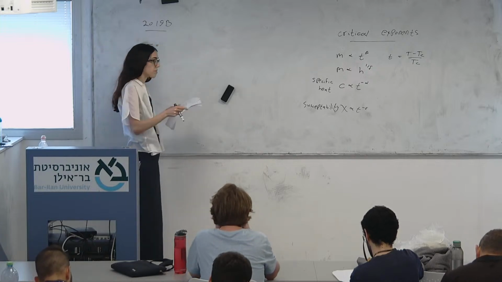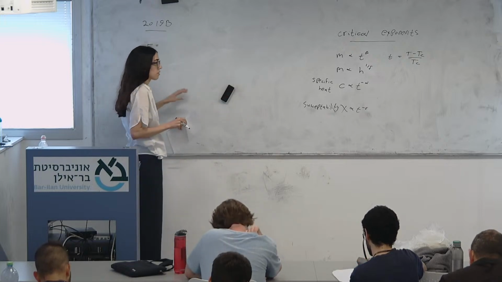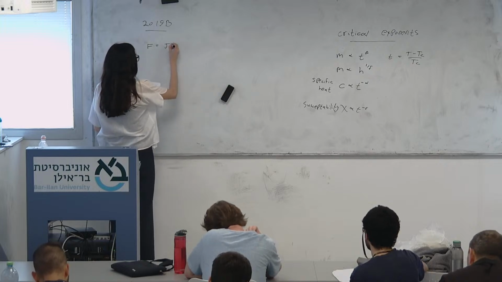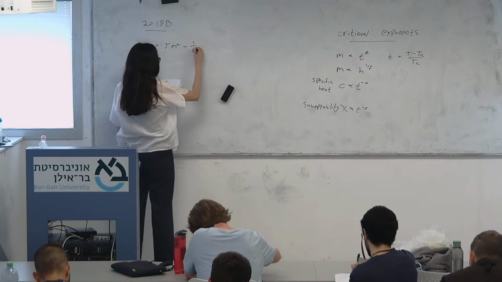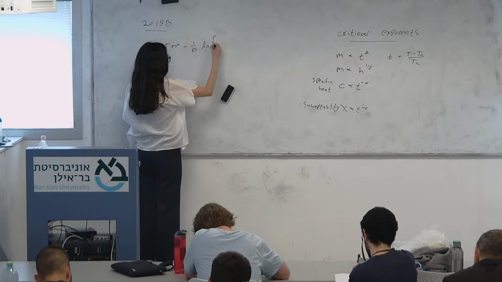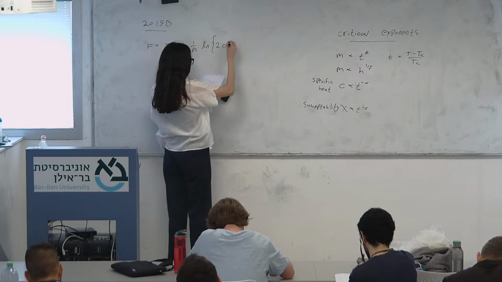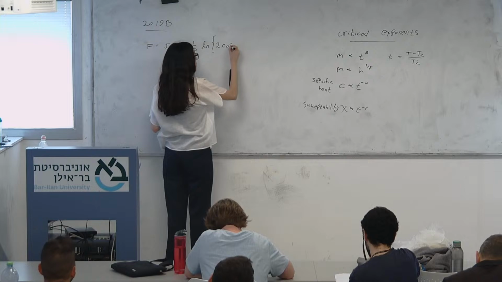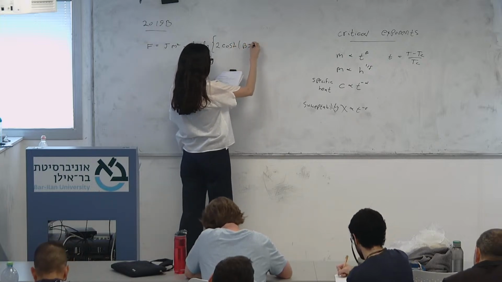I simplified it a bit because otherwise it would be too long to solve, but this is close enough. So we got J m squared minus 1 over beta log of 2 hyperbolic cosine of beta J m.